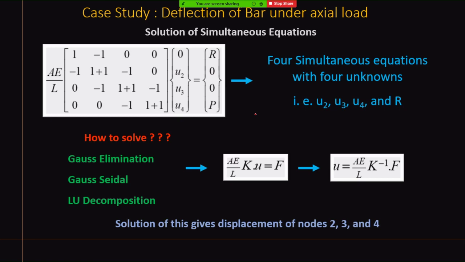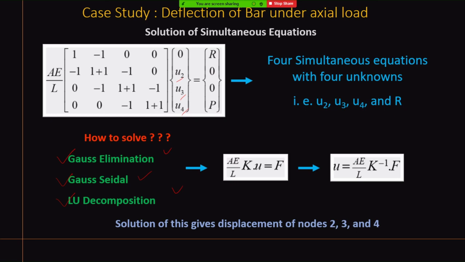Only the method may be different. Some people may be using Gauss elimination, some Gauss-Seidel, singular value decomposition kind of things, but the rest of the things will be the same. Whenever we handle the software, make sure that in the background it happens in this fashion.